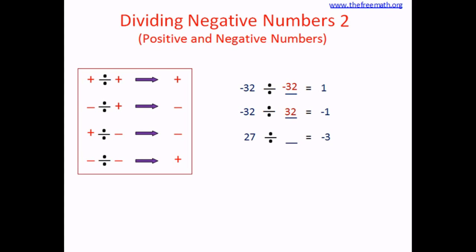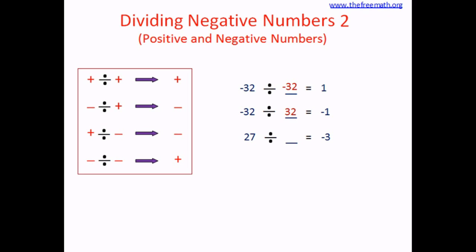The next one is this: 27 divided by what equals negative 3. Again, if you ignore the signs, 27 divided by what equals 3? 27 divided by 9, because 3 9s are 27. So the number is going to be 9.